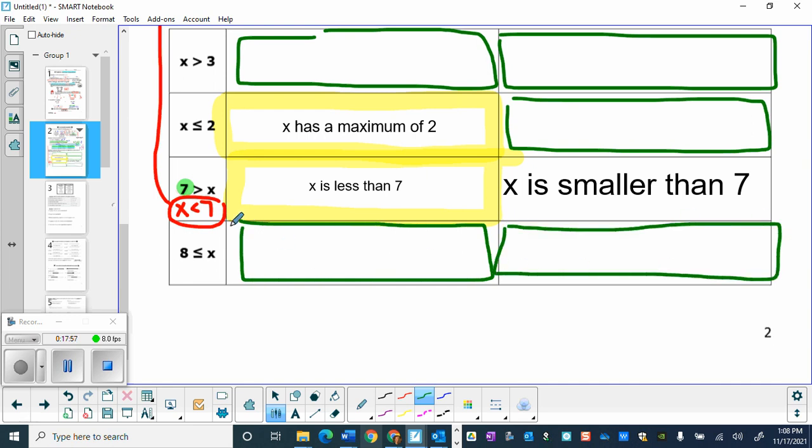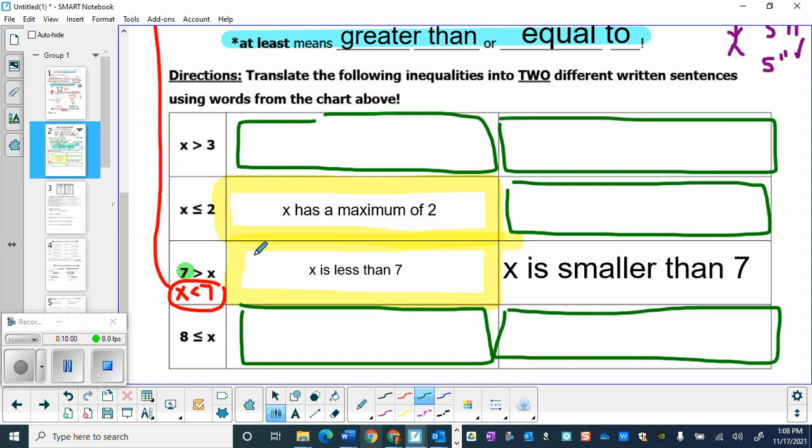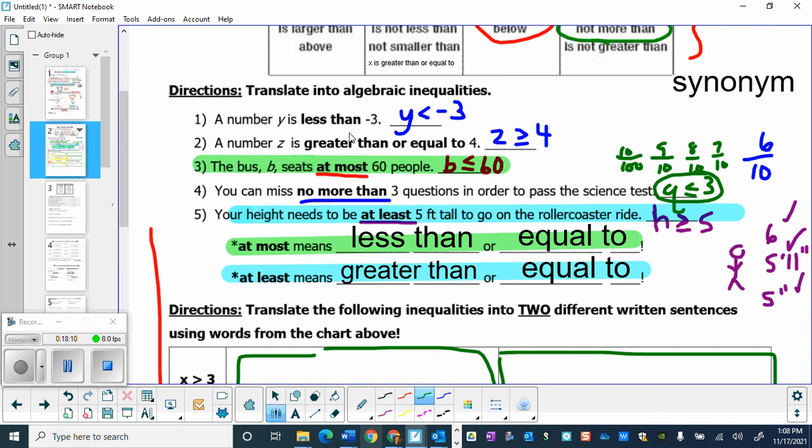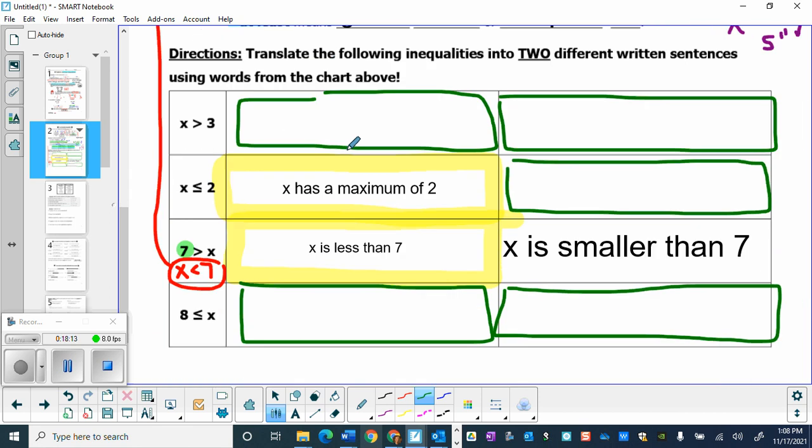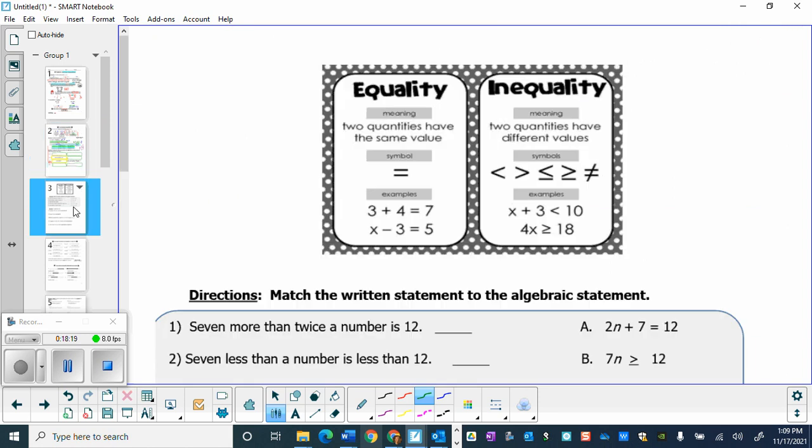And when you get done with this, I want you to call me over and have me read what you wrote, and I'm going to check it off. And then you're going to come back and hit play and continue on with page 3. Okay? So I'm going to stop this video. When you get done with this, call me over and have me check off the ones that you wrote. And then you're going to come back for page 3.